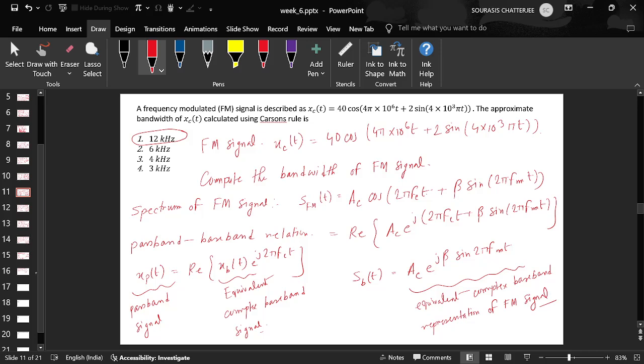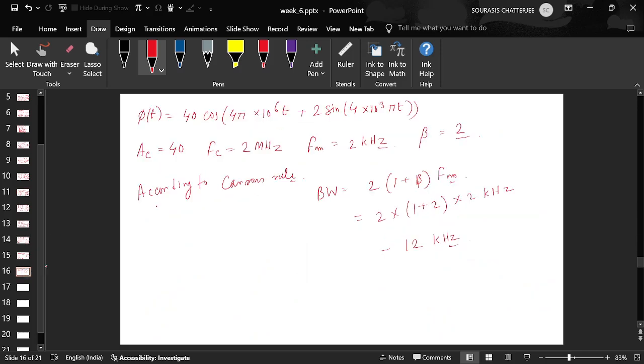Did I do it correct? Let's check the other formula here, that is 2 times (1 plus 1 over beta) del f. So what is the maximum frequency deviation going to be here? If I take the gradient with respect to time, we'll have 1 over 2 pi into 4 into 10 to the power 3 pi, so the 2 pi cancel out, giving 4 into 10 to the power 3.